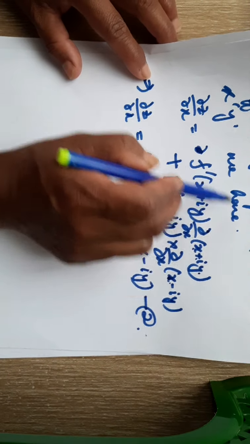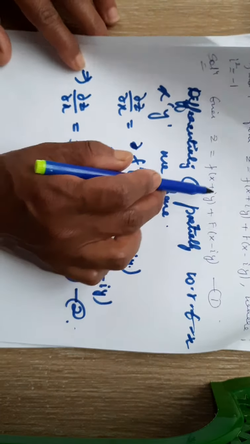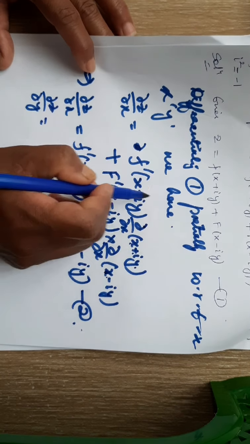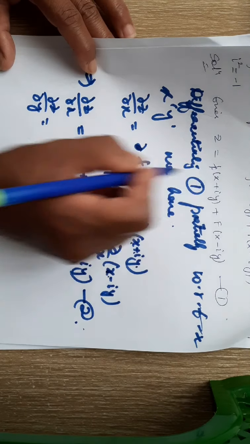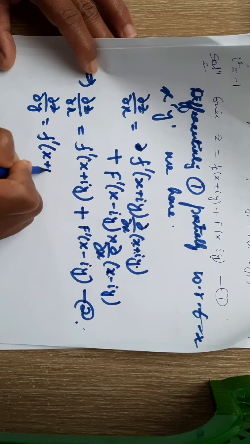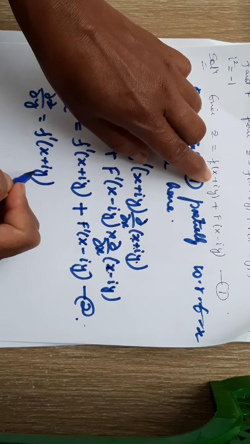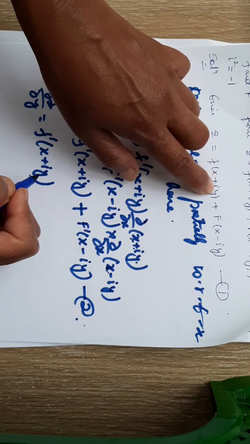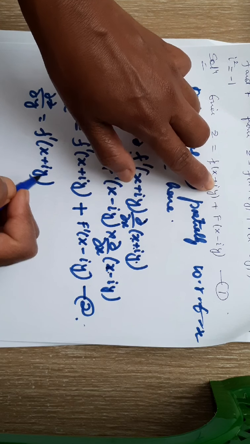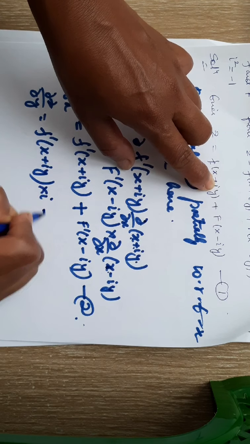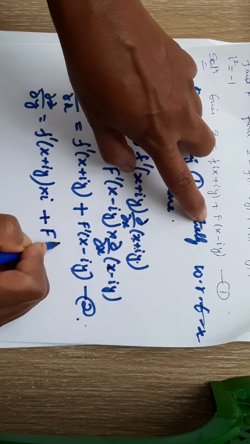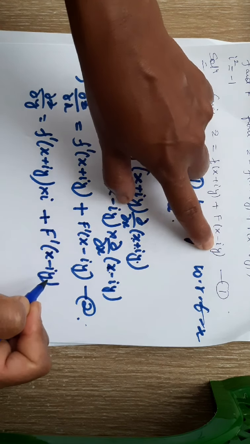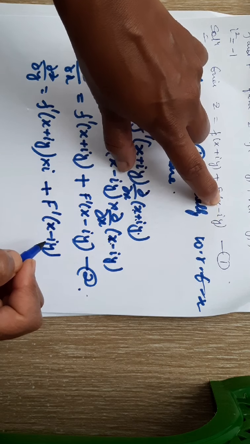Next, on differentiating it partially with respect to y, then what you will get, ∂z/∂y will be equal to differentiation of f here will become f'(x + iy) into the partial derivative of the term x + iy. So differentiation of x will be 0, differentiation of iy will be i, into i you will get here, plus F' of (x − iy) into the partial derivative of x − iy.